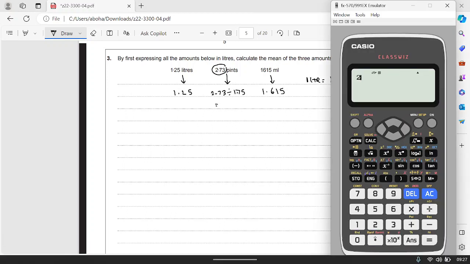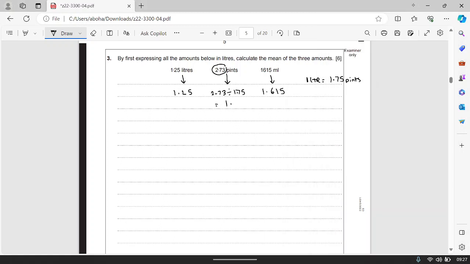So going on the calculator, 2.73 divided by 1.75. There you go. That's 1.56. Okay, so we can go ahead now and work these out. So it's going to be 1.25 plus 1.56 plus 1.615 all divided by 3.